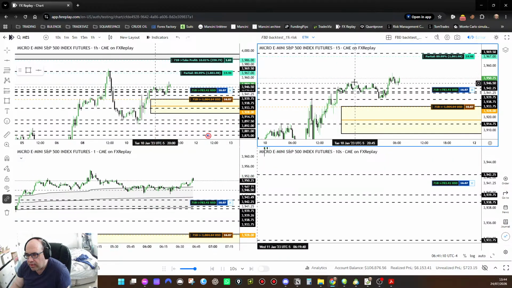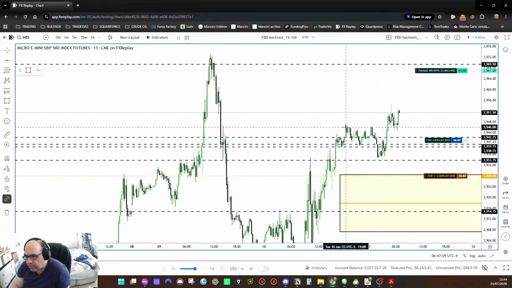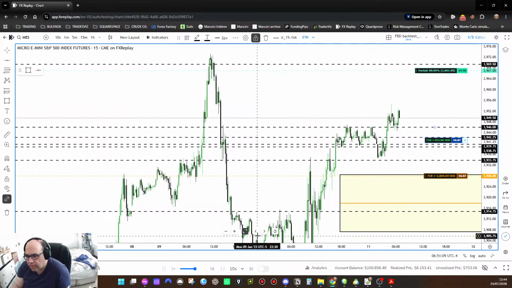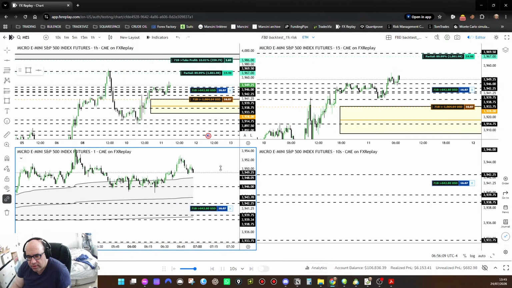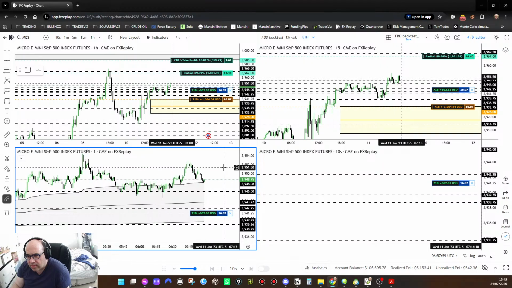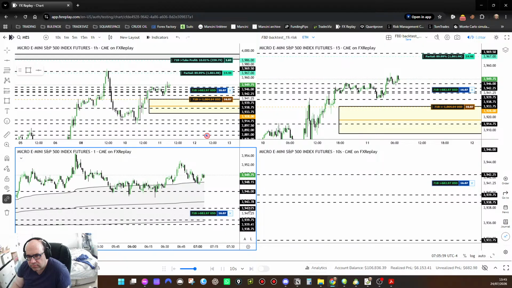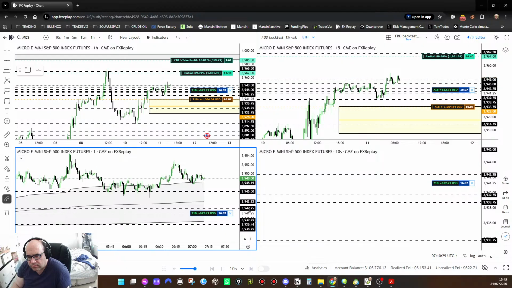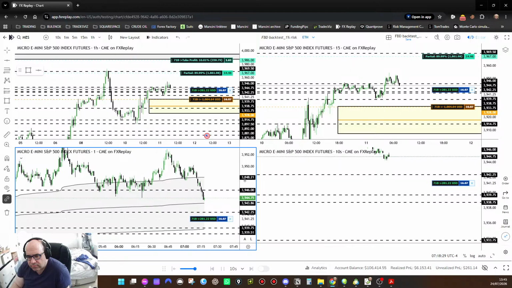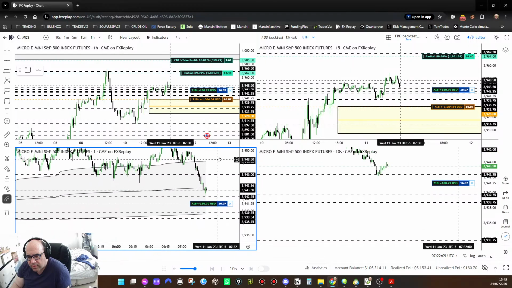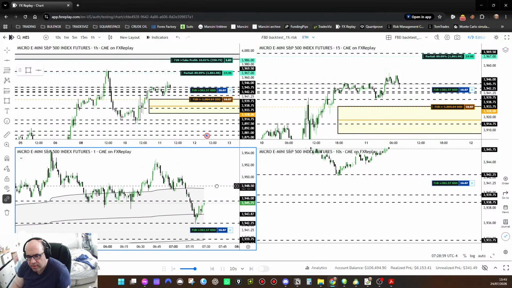I can put probably some kind of zone here. Yeah, so we can see now it's testing the breakout of the range. We're going back inside to the VWAP. Okay, now we may see a big move.